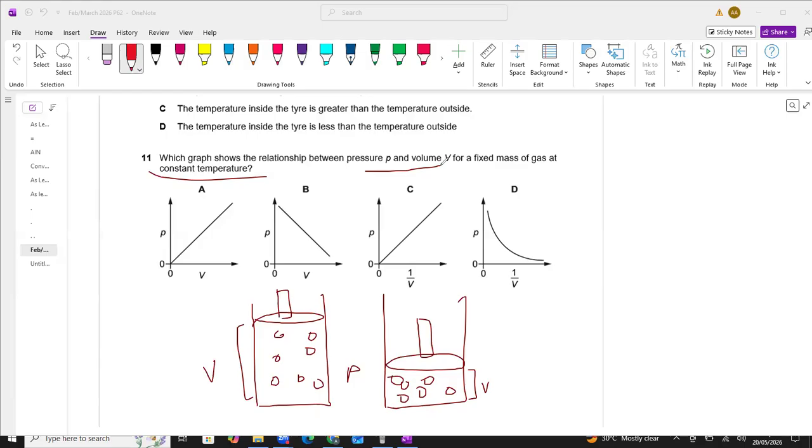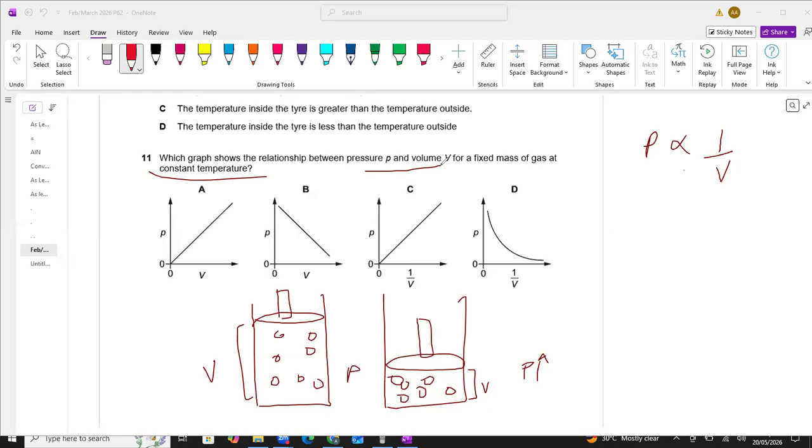They will collide more frequently with each other because less area is occupied by the gas. So the pressure will increase. What we can conclude from this is that pressure and volume are inversely proportional to each other. As the pressure increases, the volume will decrease.